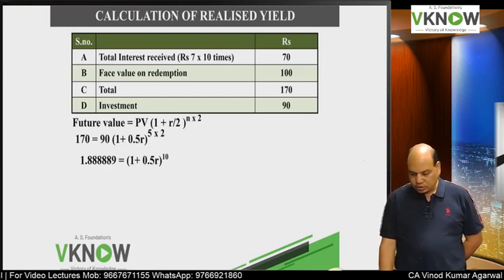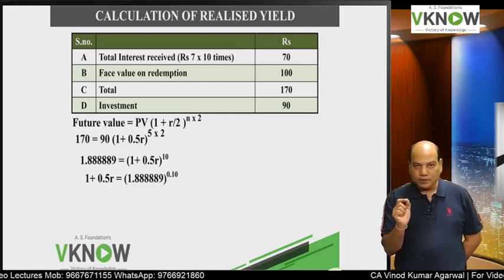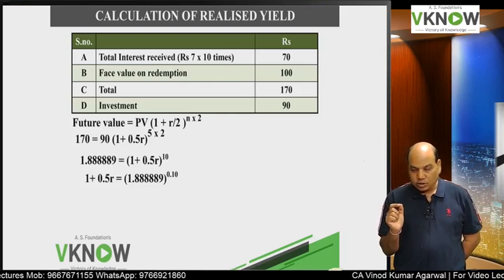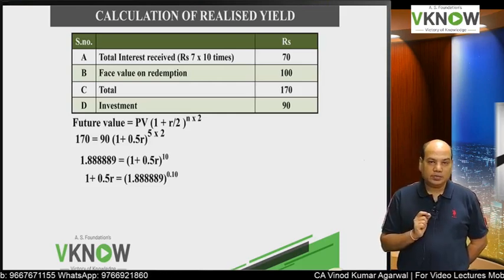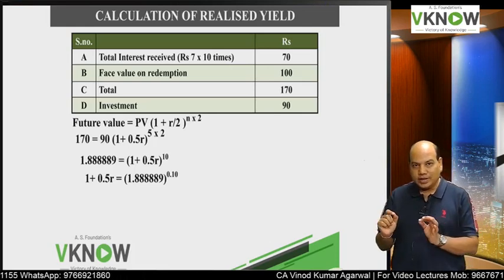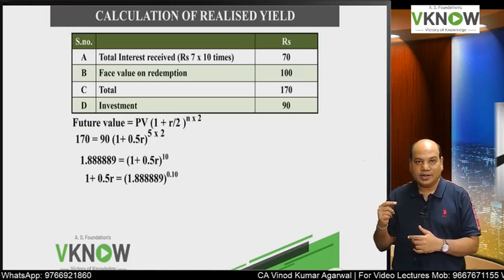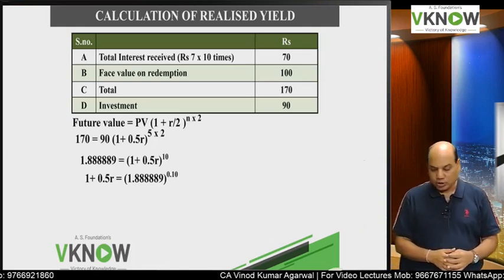Can you further simplify this? 1 plus 0.5 r will be equal to the 10th root of 1.88889. So 1 plus 0.5 r will be equal to 1.88889 to the power 1 by 10, and 1 by 10 means 0.10.